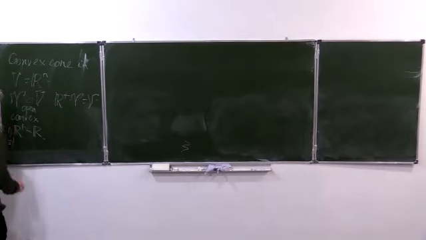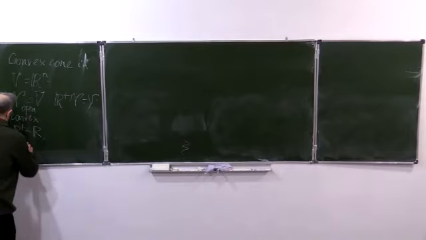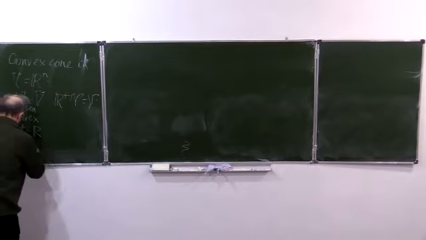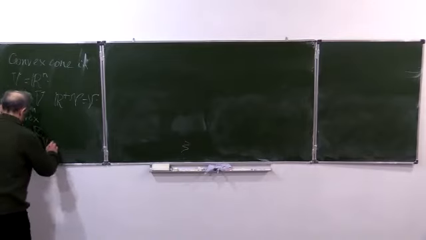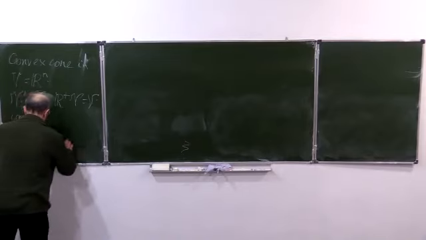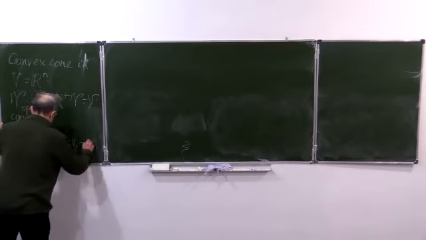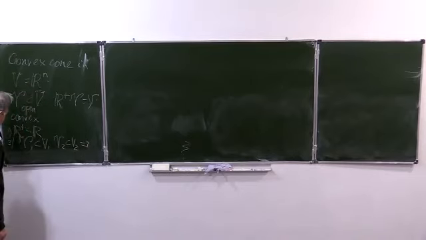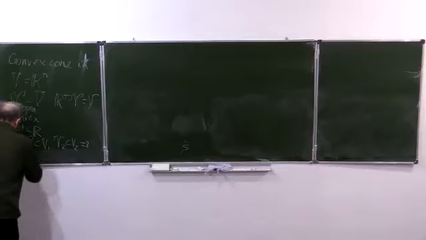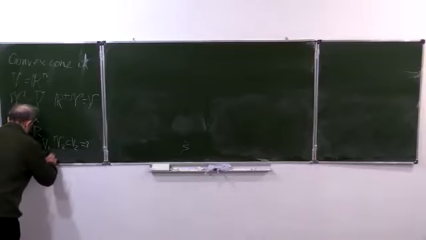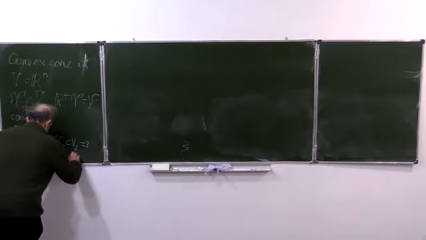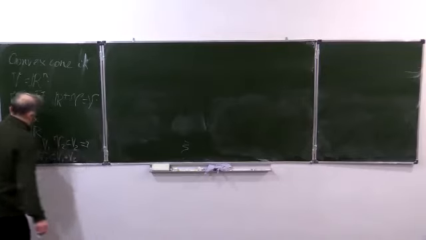The second example is a direct product of cones. If you have cones V1 in V1 and V2 in V2, and assume that they are convex cones, then V1 cross V2 in V1 plus V2 will again be a convex cone.